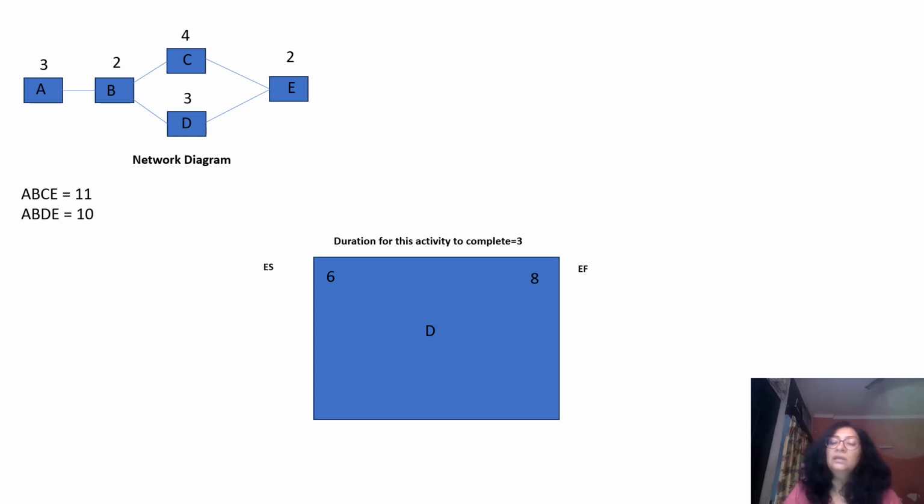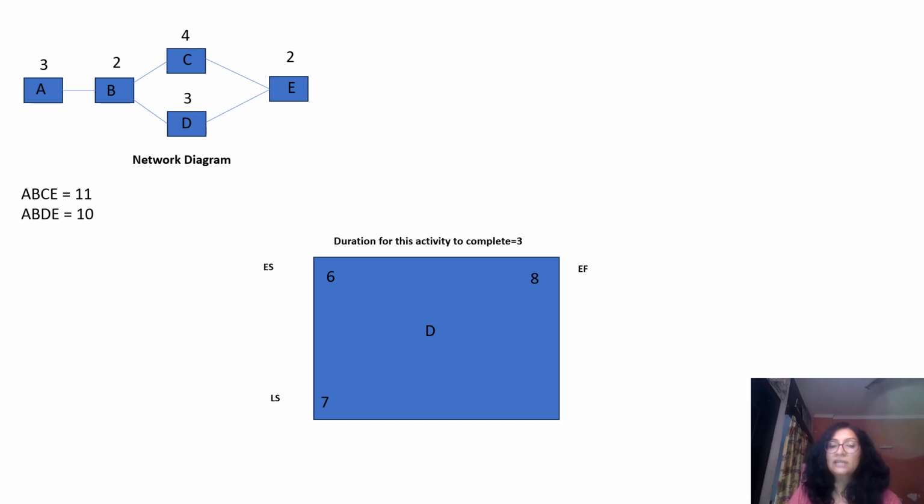Now, if due to some reason you're not able to complete this particular activity on day 8 because you have not started on day 6, in that case, maybe you will start this activity on the 7th day of the project. So this is what? This is late start, because earlier it was planned for day 6. You could not start on day 6, so you planned to do it from the next day, which is day 7.